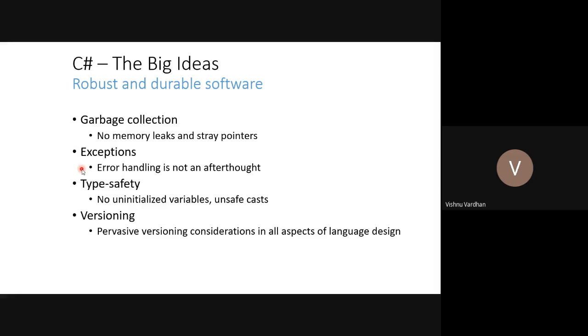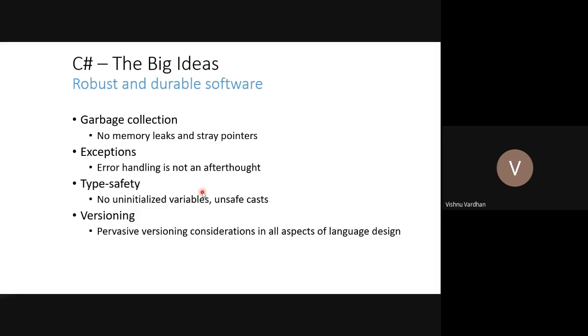Then type safety. No uninitialized variables, no unsafe casts. It's a very important concept in the .NET framework actually in its entirety, not only the C sharp language. The languages by default provide this type safe mechanism. So what does type safe mean? You have declared one variable as a double. Double is a big data type.